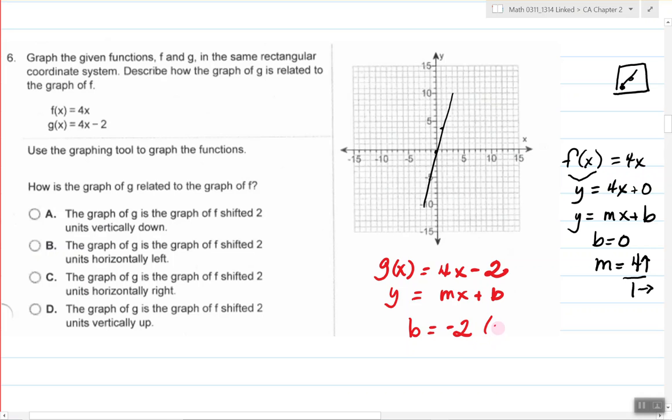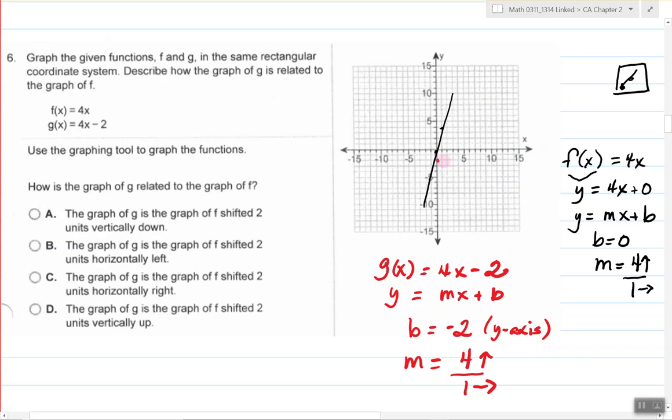It's so important that you remember that's always on the y-axis, and the slope in this problem is 4. You need a rise and a run, so I need a numerator and denominator. Up 4, right 1.